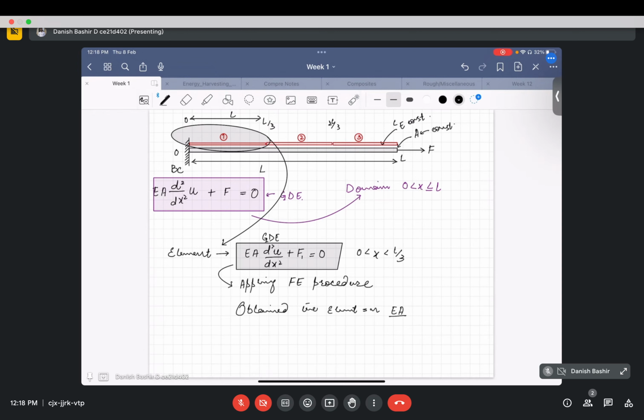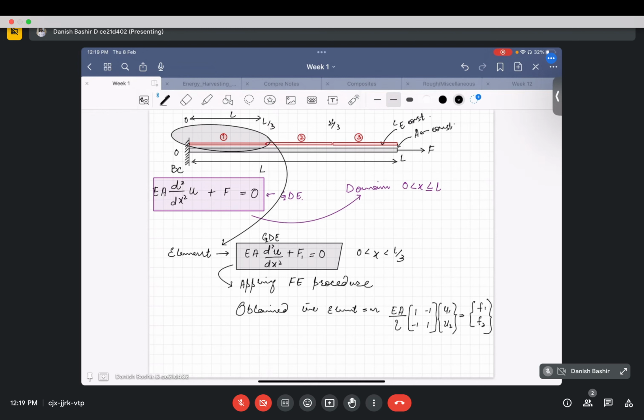The element equation for one element in a bar problem is EA by L times a matrix, 1, minus 1, minus 1, 1, times the nodal displacements U1, U2, equal to F1, F2.